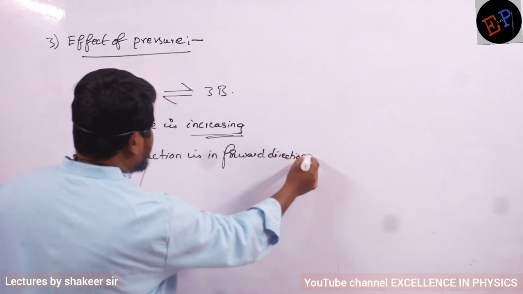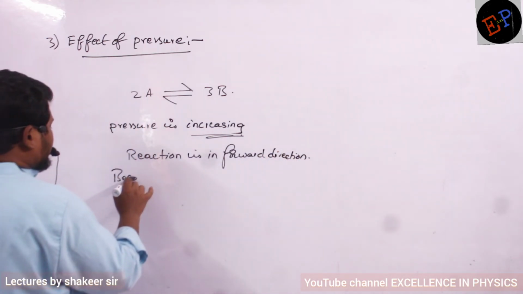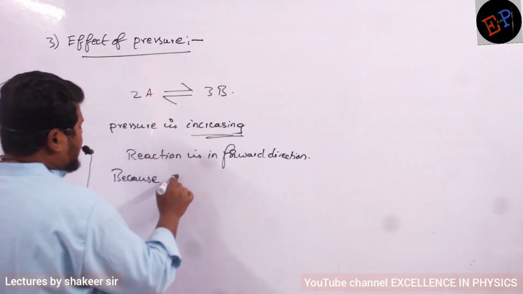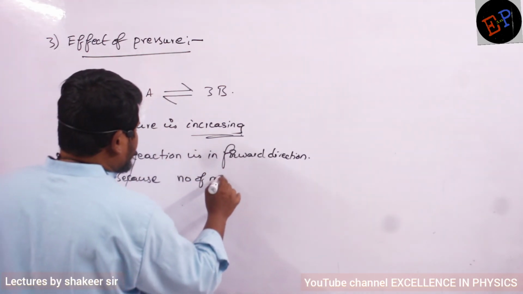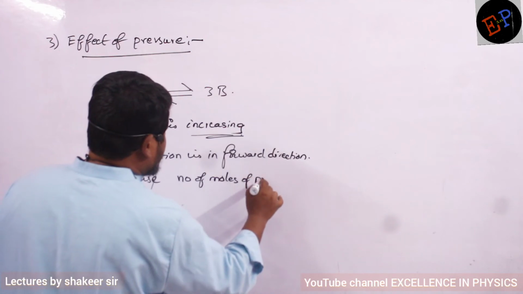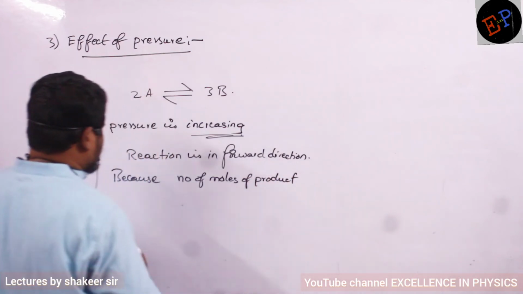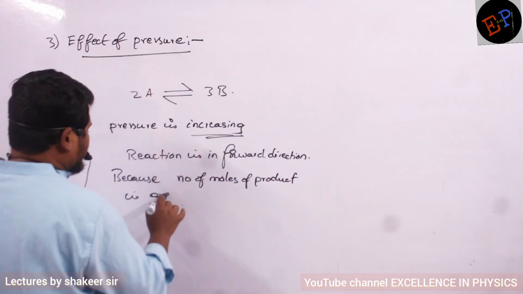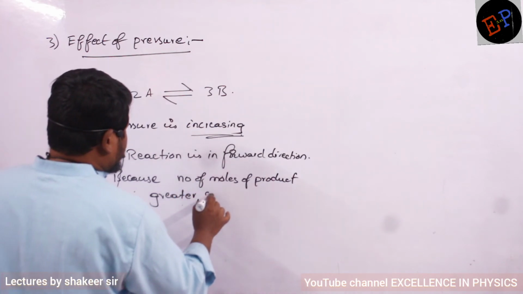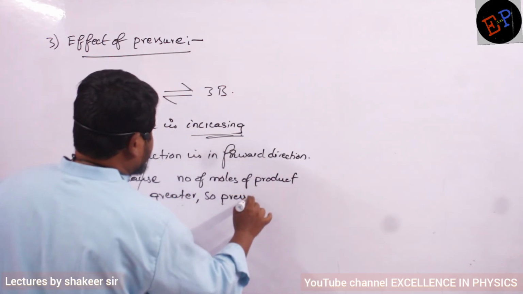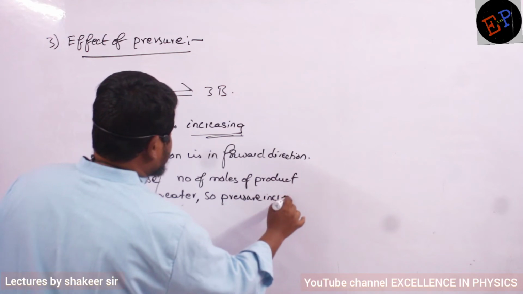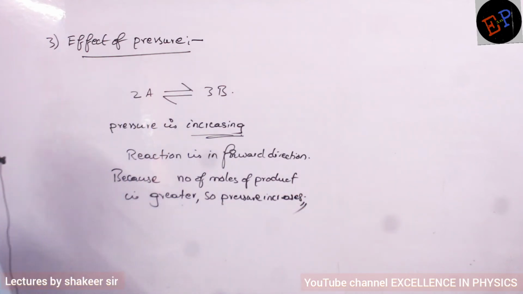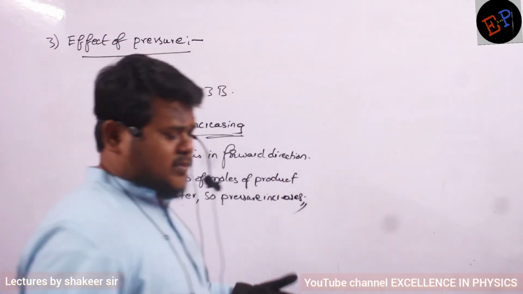Are you able to understand, ma? Because number of moles of product is greater. Okay. So pressure increases. So reaction is in which direction? Reaction is in forward direction because number of moles are increasing.